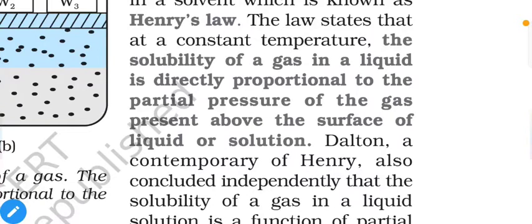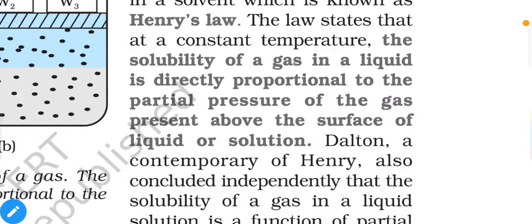Now partial pressure is, suppose we have two different gases, and both of them are contributing to the pressure. So gas A and gas B are both providing pressure. So the combined pressure does not belong to only one of the gases. The contribution of the first gas is called its partial pressure, and the contribution of the second gas is called its partial pressure.